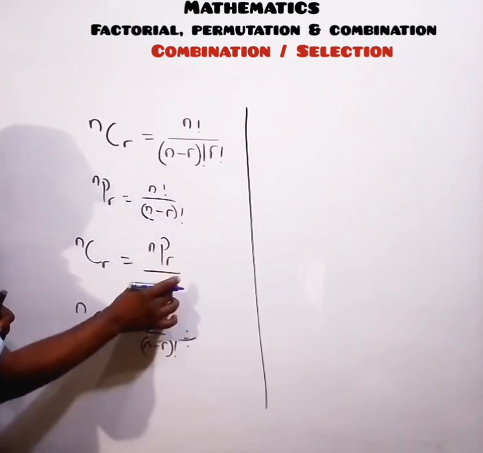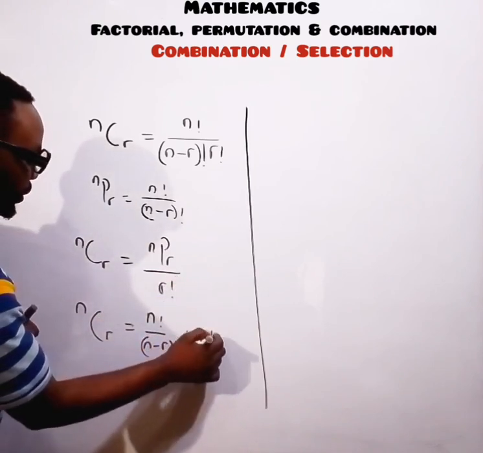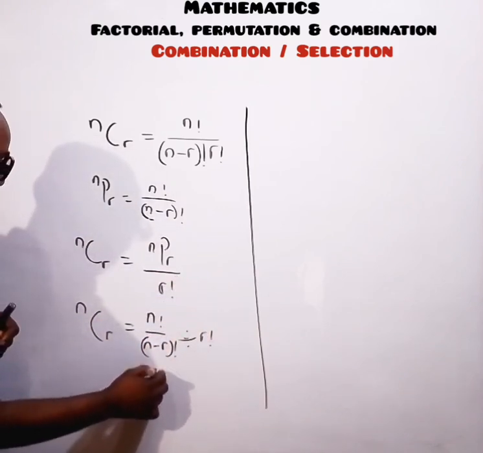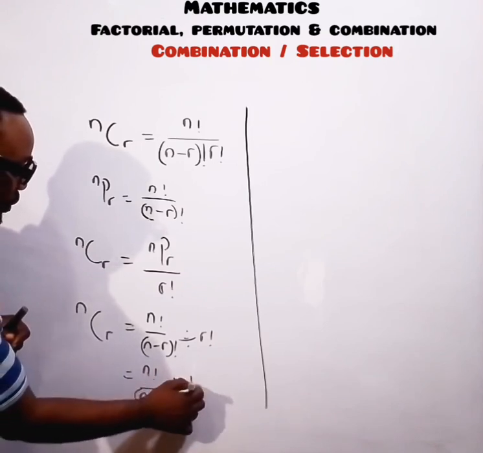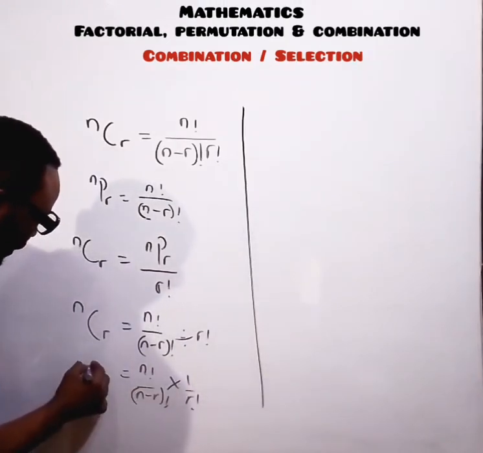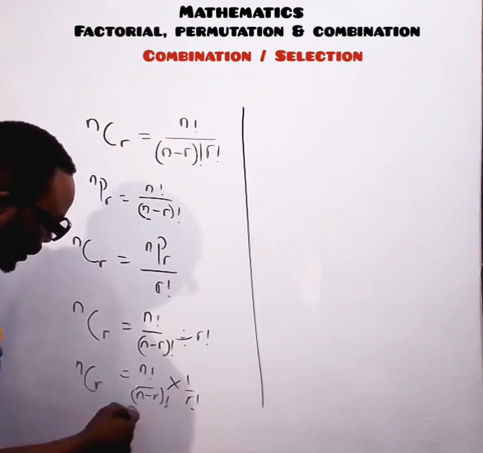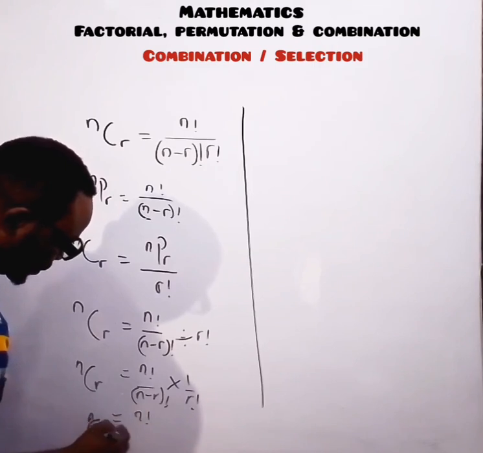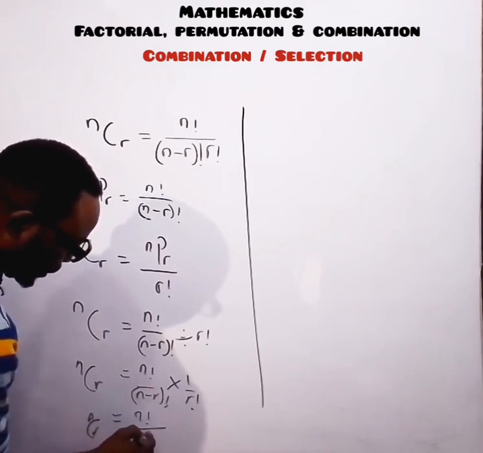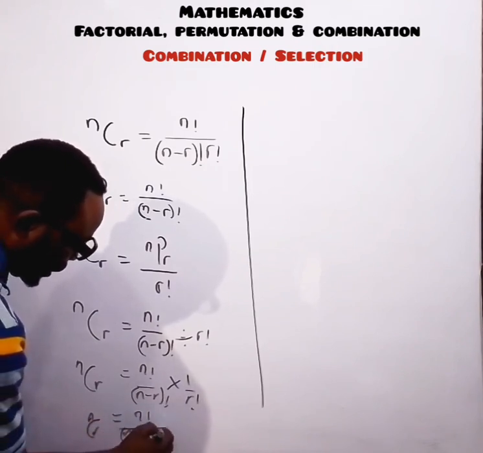You can see that this is divided by r factorial, which is going to change to n factorial over n minus r factorial times 1 over r factorial. Like this, n combination r is going to be equal to n factorial all over n minus r in bracket factorial, r factorial.